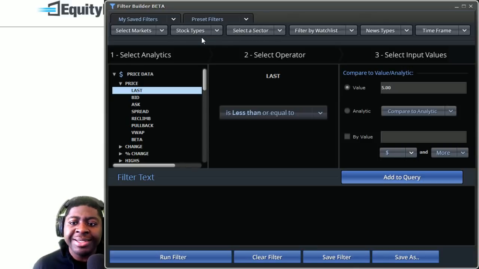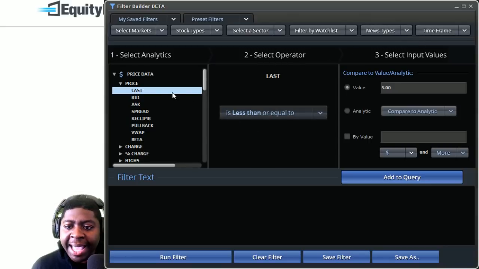Maybe you only want ETFs, companies that have done a stock split or are currently stock splitting, or preferred securities. Whatever those are, you can go through that as well. You can also select companies through news, and a particular time frame you want.